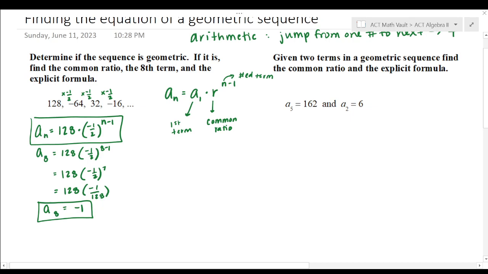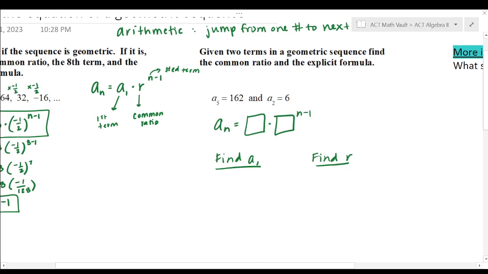So we know it's going to be a sub n equals something times something to the n minus 1. So what we have to go find is the a sub 1 and the r, given whatever they give us. They're just giving you two random terms, meaning like the second term is 6, and then the fifth term is 162.